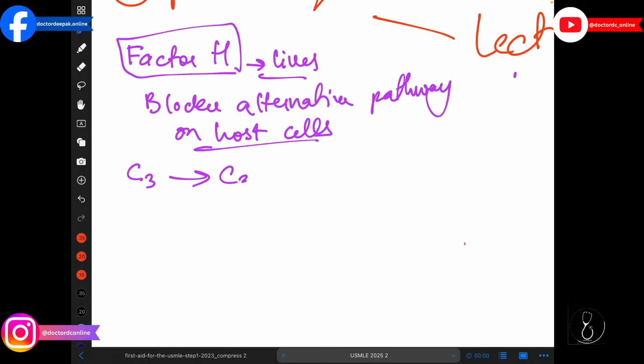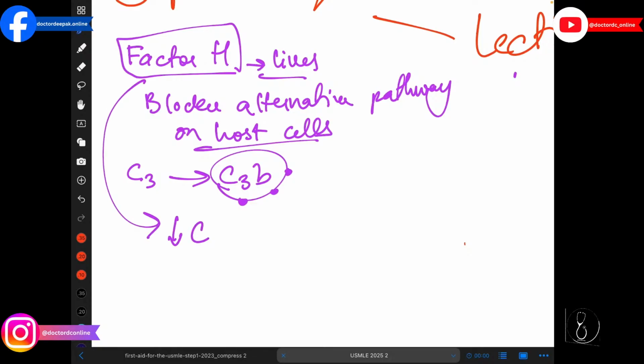What is happening in the alternative pathway? The C3 is converting to C3b spontaneously, and it is unstable. To become stable, it needs some components, like amino or hydroxyl groups that are also present on host cells, but the host cell protects itself with a factor, factor H. It accelerates the decay of C3 convertase, decreasing the amount of C3 convertase, the common component for the conversion of C3 into C3b.